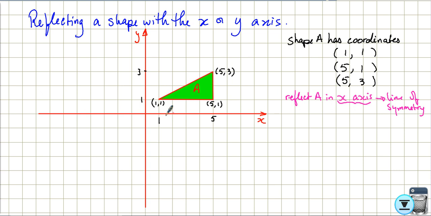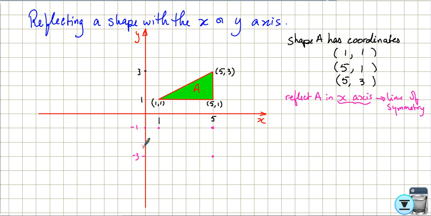So if this is the mirror, this is the object, the image will lie down here. If this is 5, 1, my image will be here at 5, minus 1. If this is 5, 3, my image will be 5, minus 3. And if this is 1, 1, the image will be 1, minus 1.